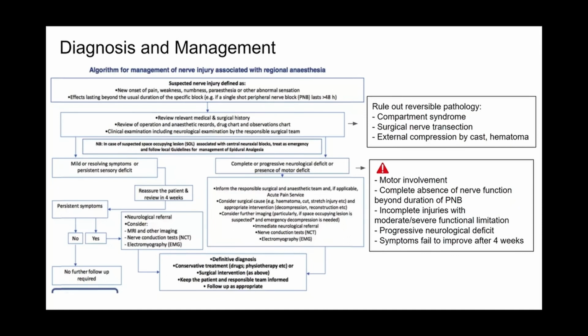When we review the patients, we will have to take some relevant medical and surgical history to elicit if the nerve injury is associated with our peripheral nerve blockade. We need to ask the patient if they have any peripheral neuropathy, which will influence their normal sensation of that part of their limb.